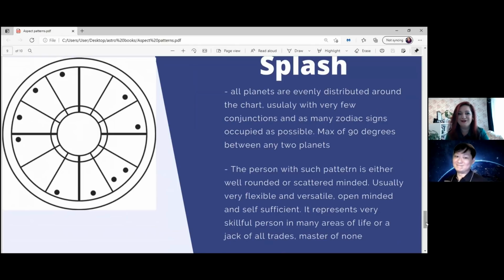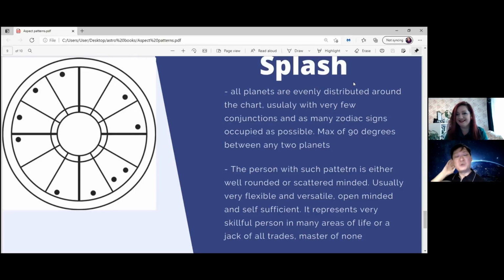Also, very worldly, because they can connect to a broad audience. And last but not least, charismatic. Absolutely charismatic, but at the same time very self-sufficient, because they're so interested in so many things.